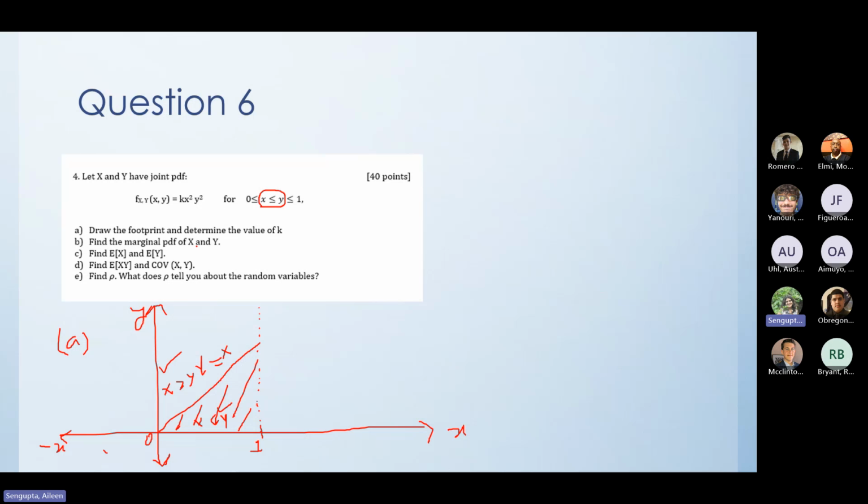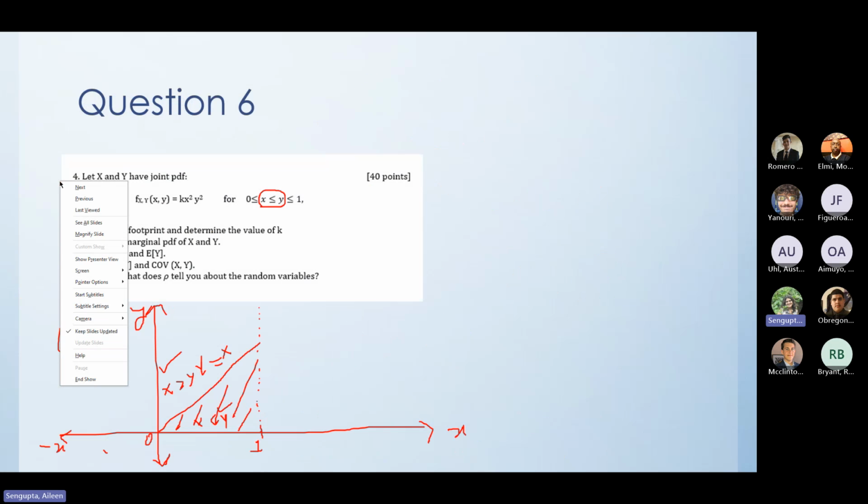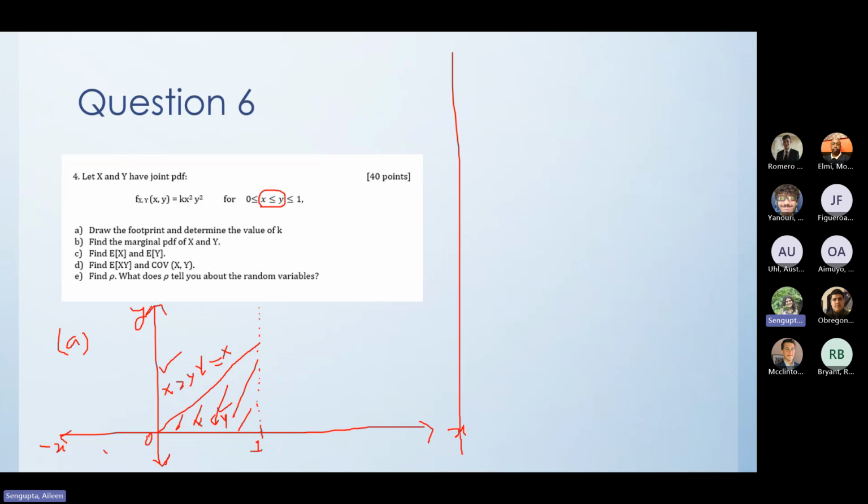Remember that you also had a problem where the CDF was given to you. The CDF expression was given, F of x y, something like 1 minus 1 over x cubed.